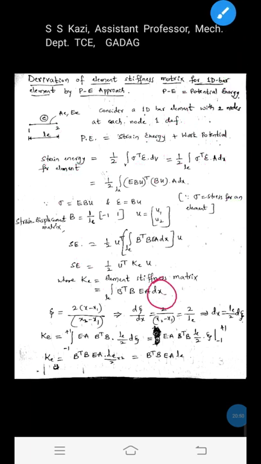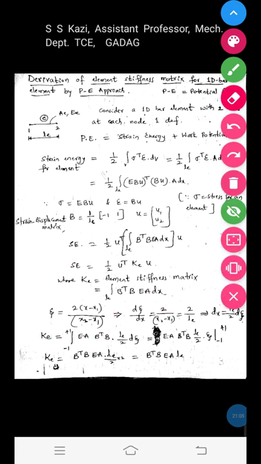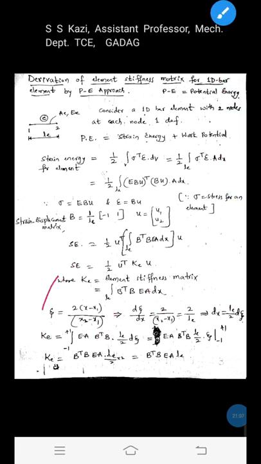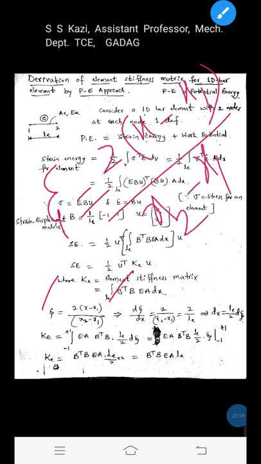First we will replace dx by d zeta. We know the relation between zeta and x, where zeta is the natural coordinate and x is the Cartesian coordinate. It is given by zeta is equal to 2 into x minus x1 divided by x2 minus x1, where x2 minus x1 is the length of the element LE.